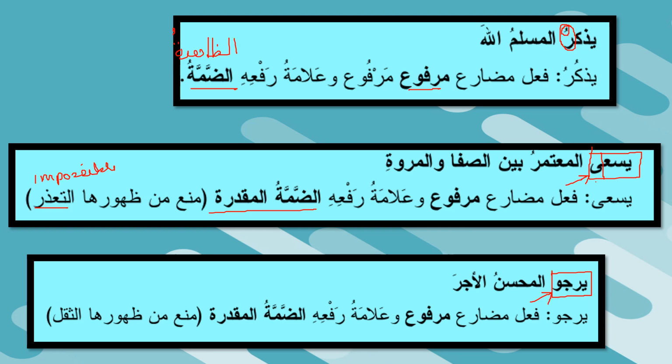So how are you going to do your i'rab? Fail mudare marfu' wa alamatu raf'ihi ad-dammatu al-muqaddara. In the case of waw, you will say al-muqaddara, and it is prevented from being visible because it is ثقل, which means it's heavy.